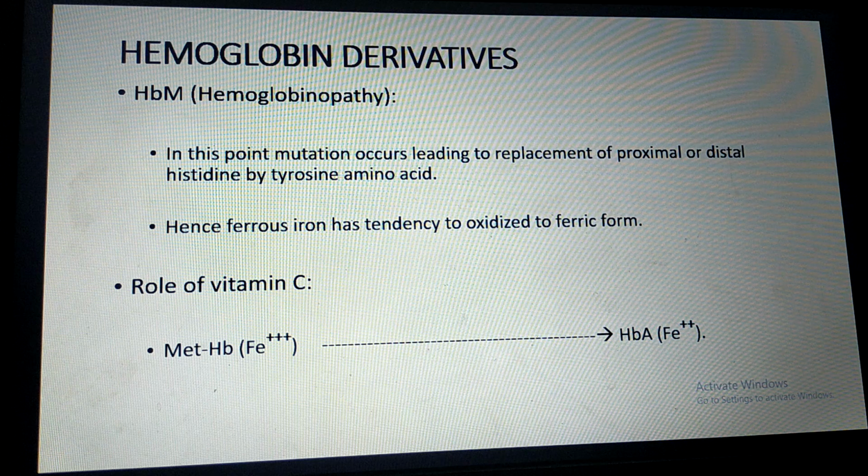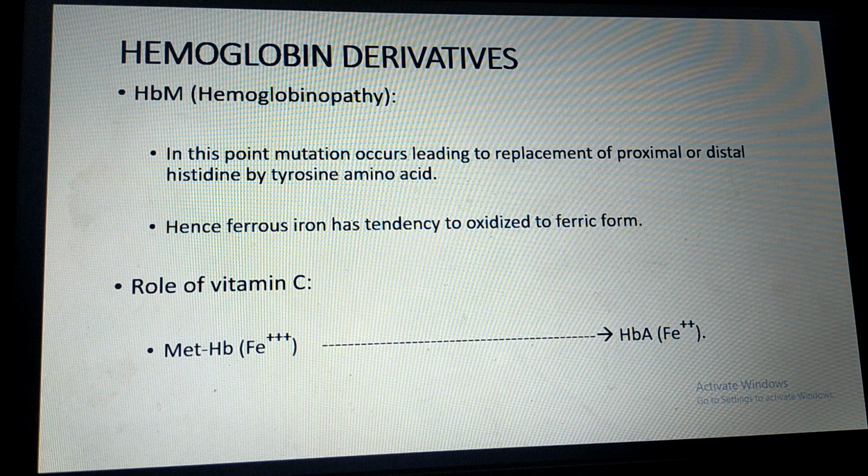So when iron is pentavalent, it readily oxidizes from ferrous to ferric form and methemoglobin is formed. So in hemoglobin M, there is replacement of proximal or distal histidine by tyrosine, due to which the iron is converted from ferrous state into ferric state, and when it is converted to ferric state we call it methemoglobin.